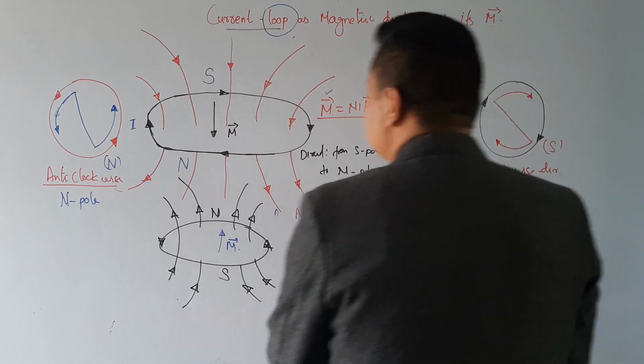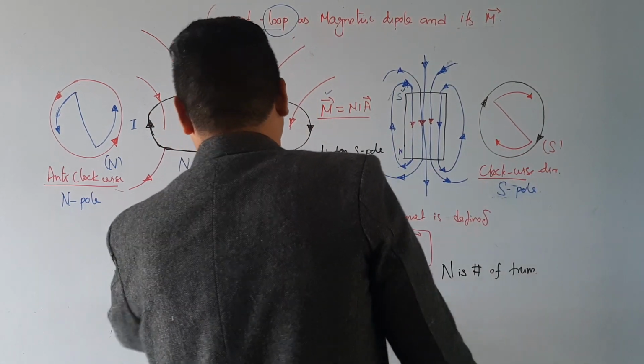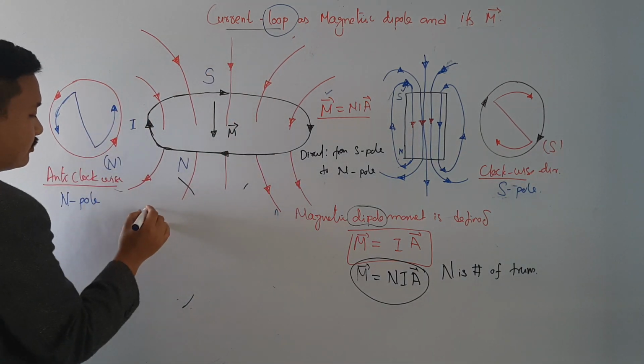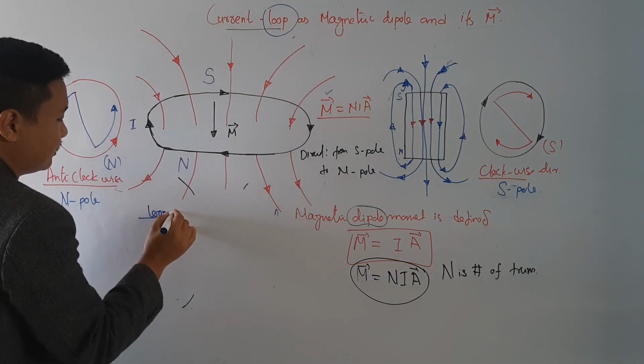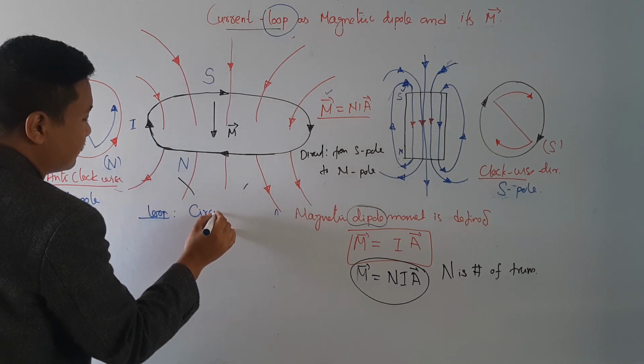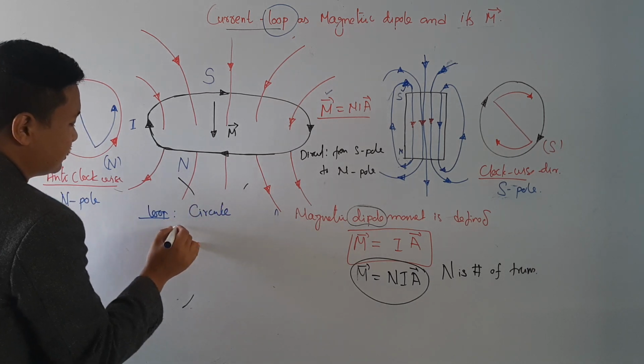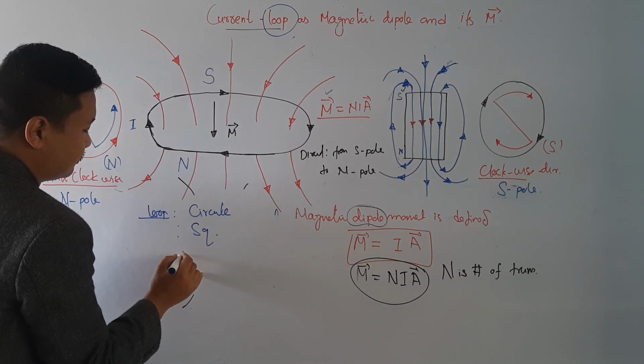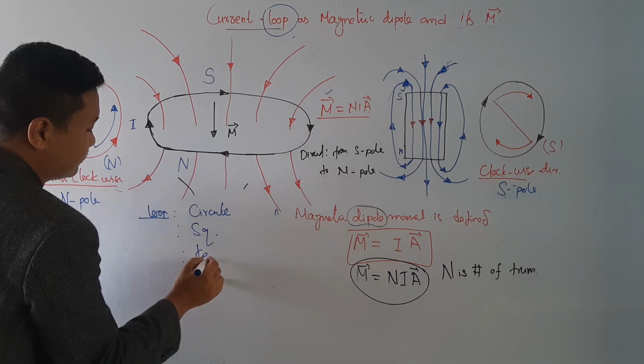Okay, now I have said loop. This loop could be a circle. This loop could be a square. This loop could be a rectangle.